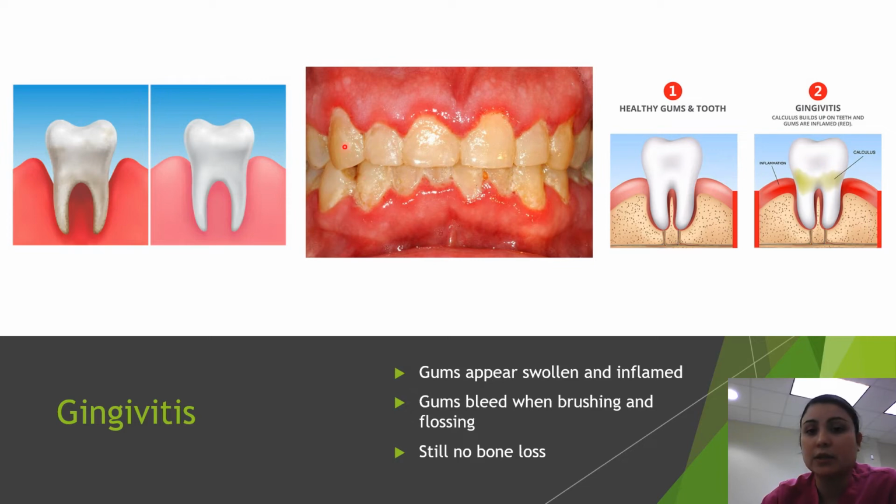So that's why it starts to look like this. It's important to distinguish between gingivitis and periodontitis. With gingivitis, like we said, this only includes your gums. We're not seeing any bone loss yet. Once you start to see bone loss, then we'll see periodontitis, which is what we're going to talk about next.